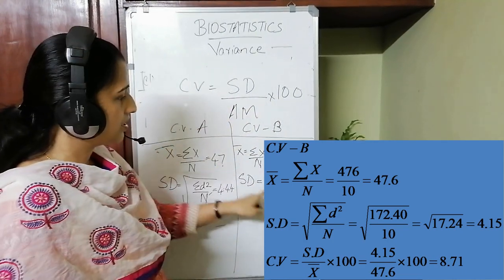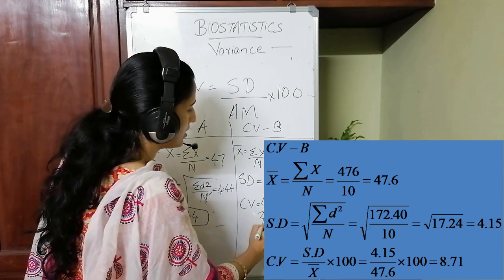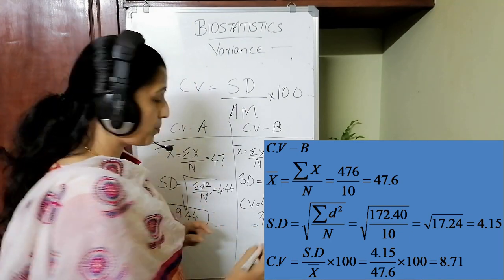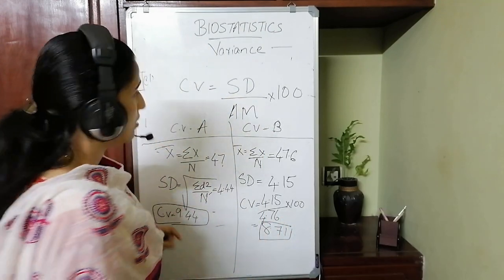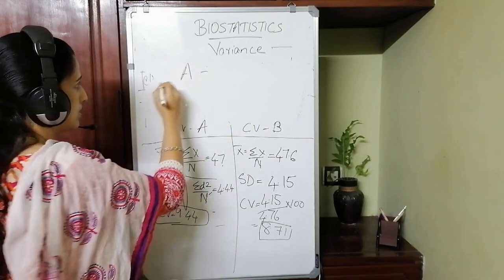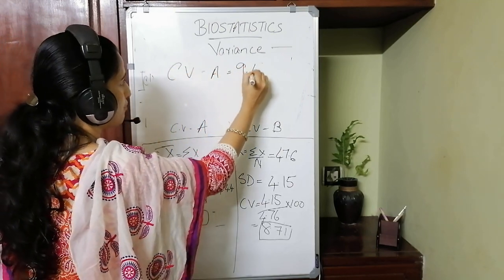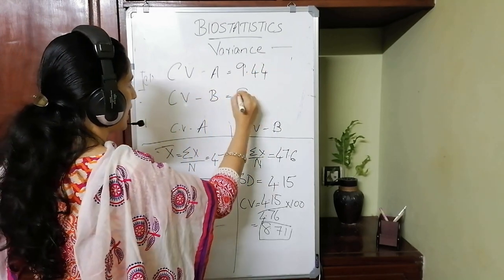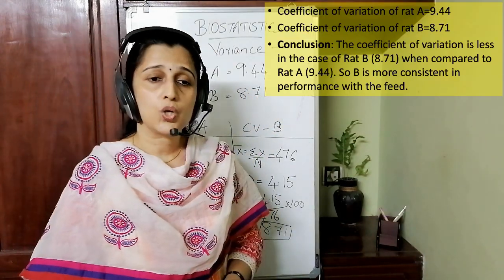CV is equal to standard deviation divided by arithmetic mean, 4.15 by 47.6 into 100, and the answer is 8.71. So the coefficient of variance for rat A is equal to 9.44, and for rat B it is equal to 8.71.